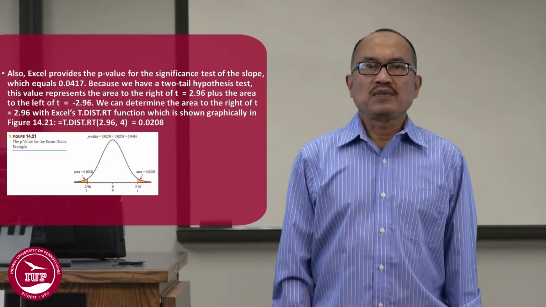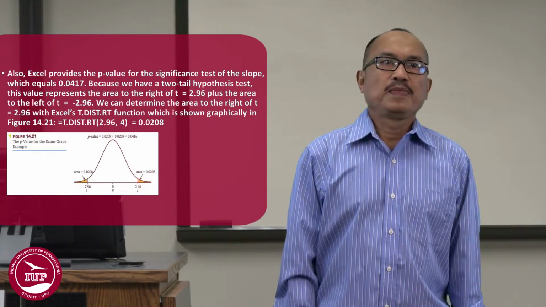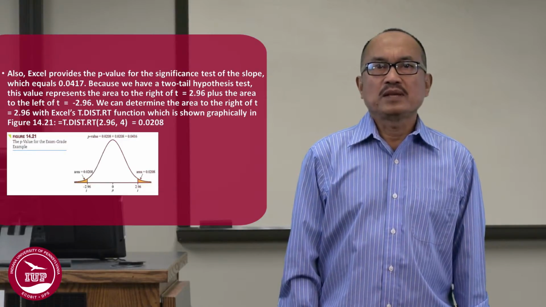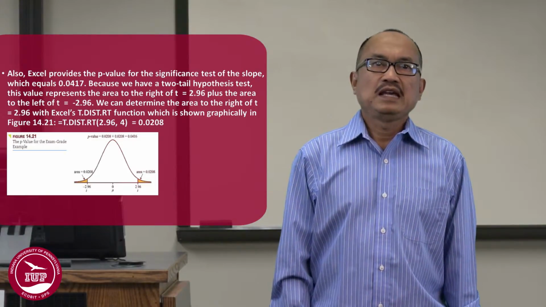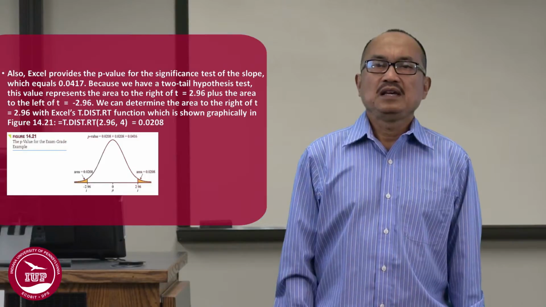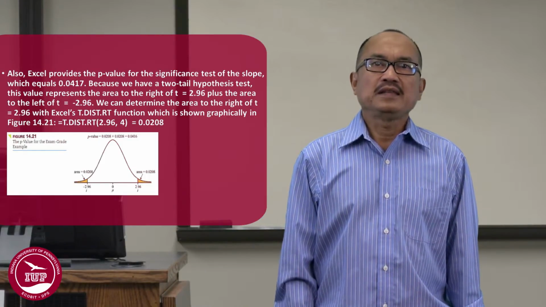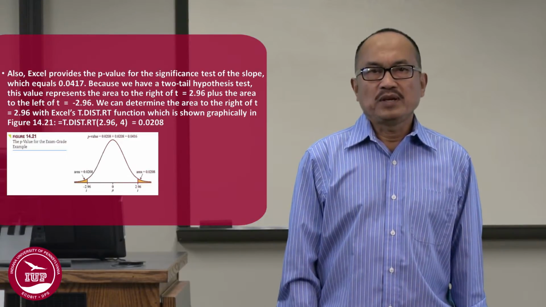Also, Excel provides the p-value for the significance test of the slope, which is equal to 0.0417. Because we have a two-tailed hypothesis test, this value represents the area to the right of t equal to 2.96 plus the area to the left of t equal to minus 2.96.